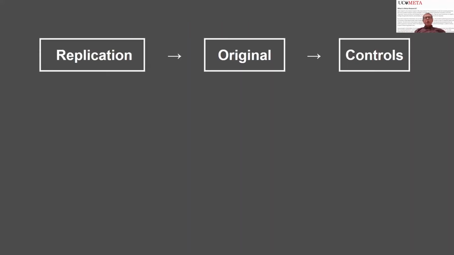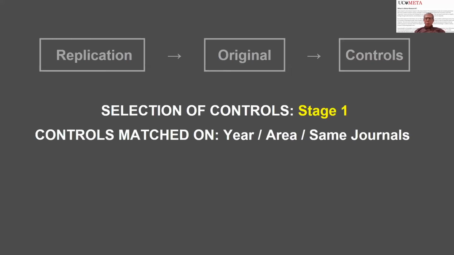So the flow chart looks like this. Grab our replications from Replication Wiki and the Replication Network, pair those up with the original studies, and then find controls that we can match to those original studies. And to do that, we have a 2-stage process.